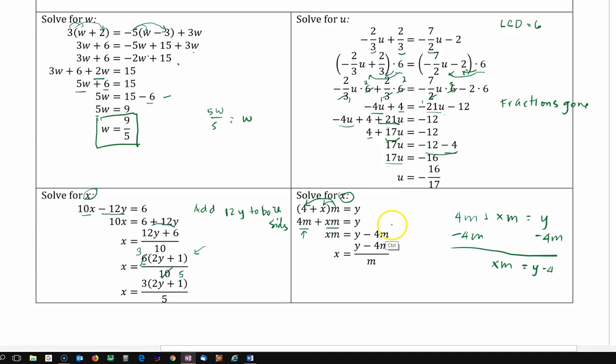It will just slow you down. And your solution will be neater if you don't do it that way. So we're now progressing towards mathematical maturity, and this is the mature way to do it. So we have x equal to y minus 4m, the whole thing, divided by m.